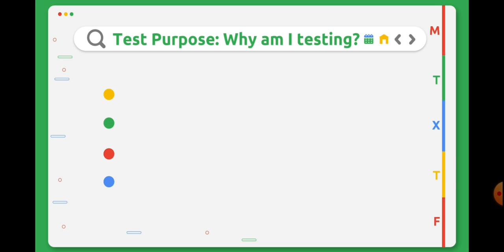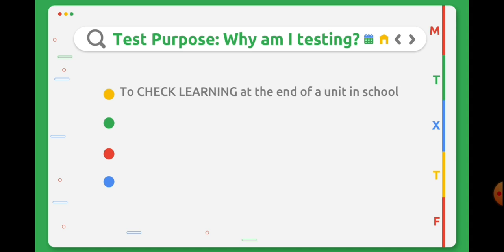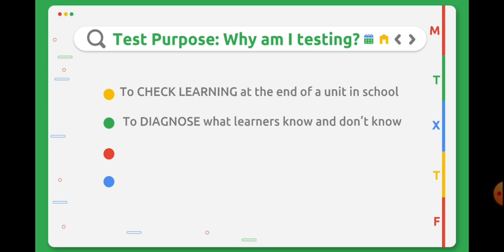The first one is the test purpose. Why am I testing? To check learning at the end of a unit in school. The second one may be to diagnose what learners know and don't know.